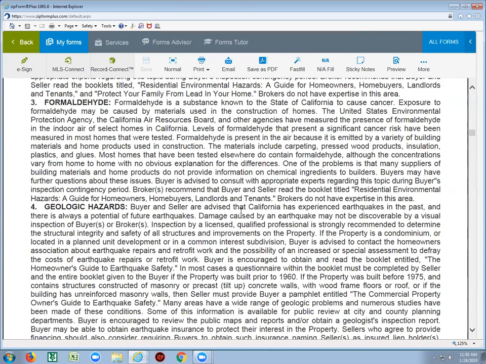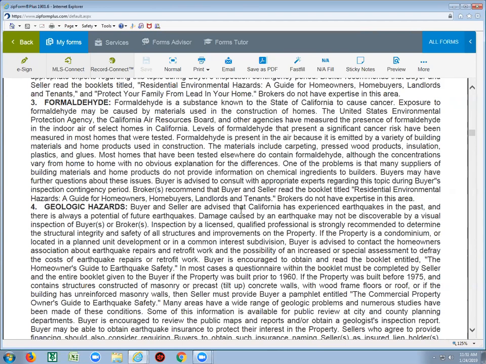The materials include carpeting, pressed wood products, because sometimes the compressed wood boards use glue, as well as insulation, plastics, and glues. Most homes tested elsewhere contain formaldehyde, although the concentration varies from home to home with no obvious explanation for the difference.